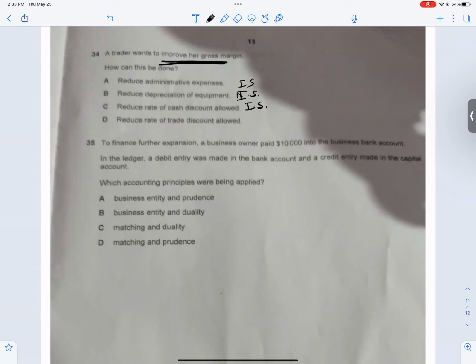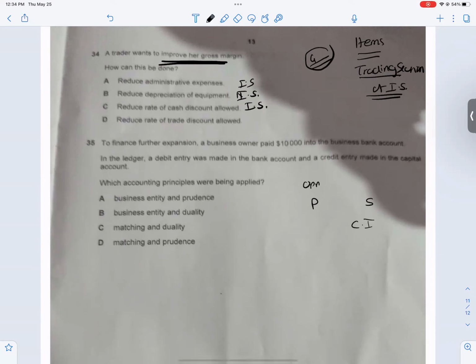The gross profit or gross margin or markup is related to items that appear in the trading section of the income statement, which would be purchases, sales, and closing inventory.